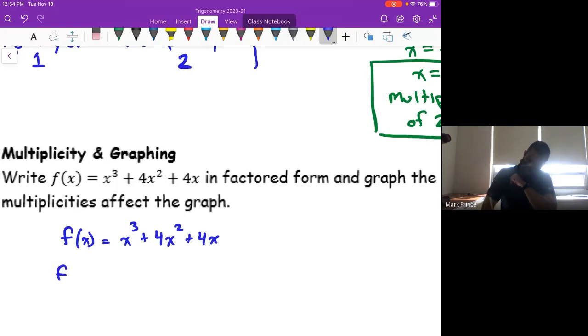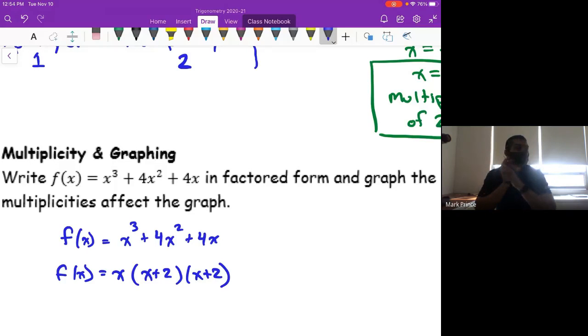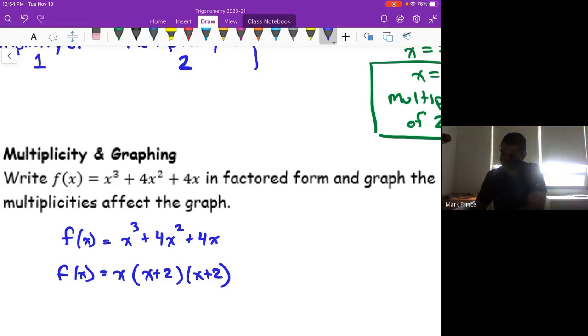I will give you the factored form as x times (x plus 2) times (x plus 2). At this point, you have technology, so you can go on Desmos and graph it. So I can do that.